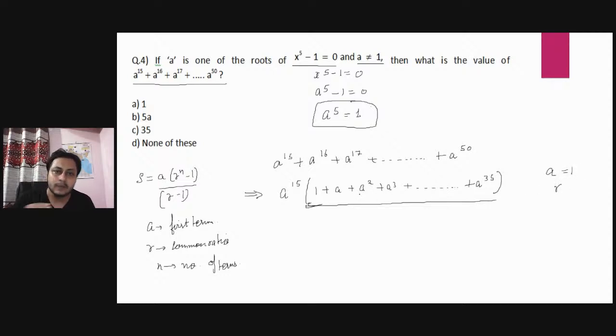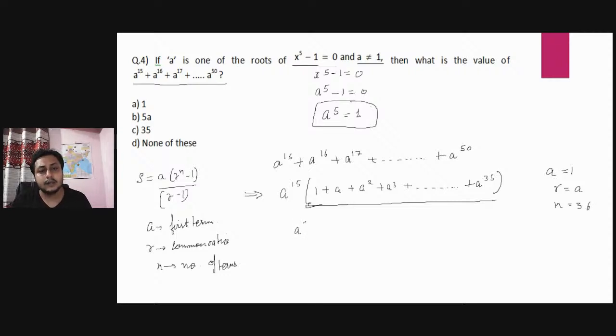Common ratio is the ratio of any term to its previous term. Here it is a by 1 or a square by a, that comes out to be a. Common ratio is a, and the number of terms is 36, means 1 is a power 0, so a power 0 to a power 35, total 36 terms, right?